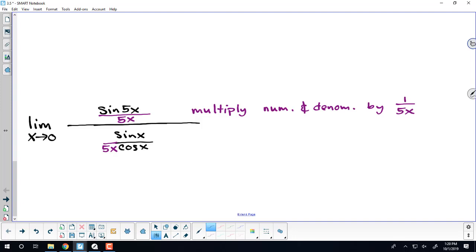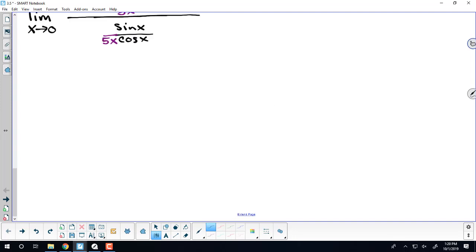So let's take this denominator and split that up a little bit. We're going to take this and write it as sine x over x, from that x here, times 5 cosine x. So we're going to split it up like that. Is that all right?